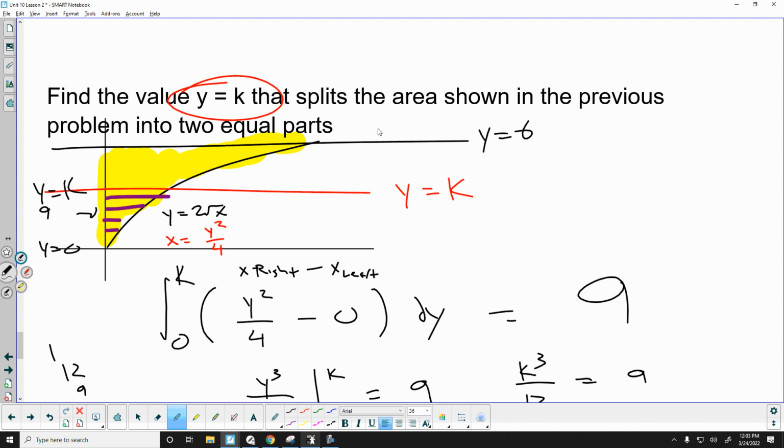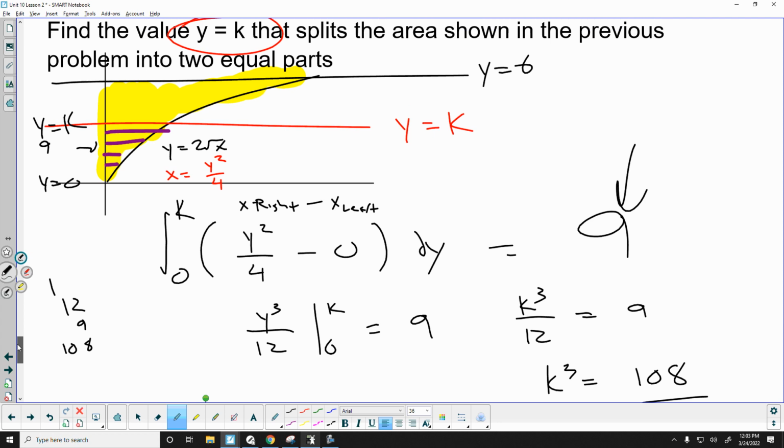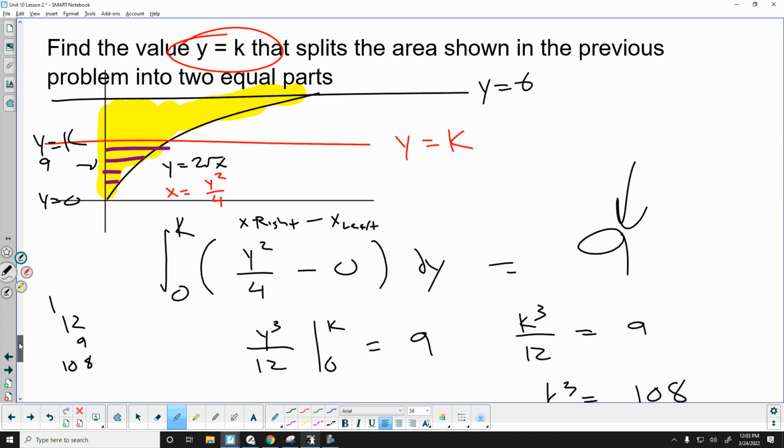Now, did you split your area in half and use 9? I did. I think it comes from I did y over 2 squared. You did y squared work. So I think I must have just had an error in my answer.